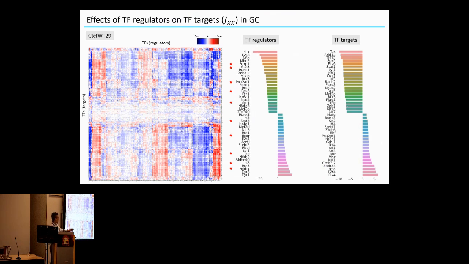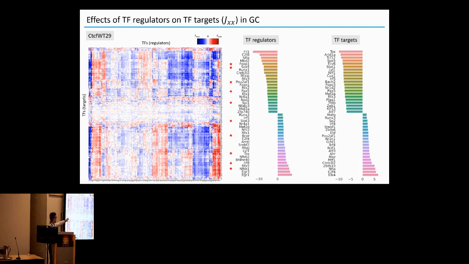We say how the transcription factors work together. It's hard to see here, but each row and column is a TF. When it's positive, it's red. This means that they are working together to upregulate or downregulate their target TFs. So it's a network, and this is just a summary of this network of TFs.